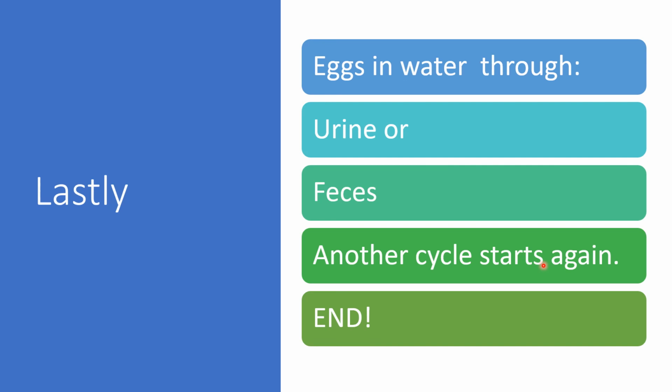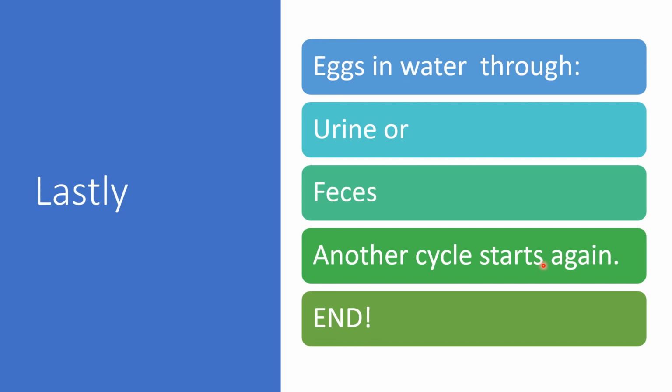The viable eggs will hatch into miracidia, then look for the host and penetrate, forming mother sporocyst, daughter sporocyst, and cercariae, and then come out of the snail again, looking for a human being to penetrate, forming schistosomes and the rest.